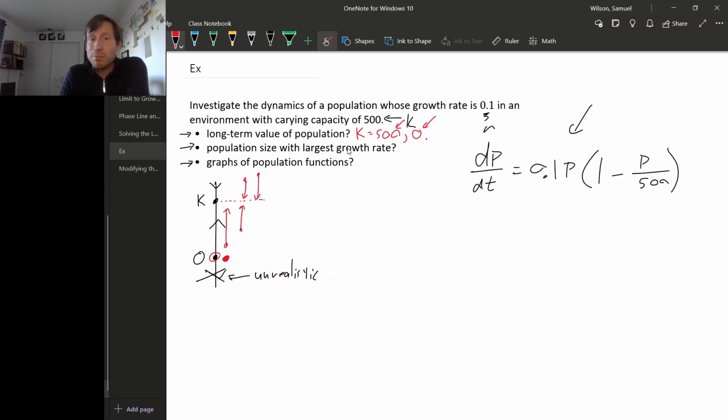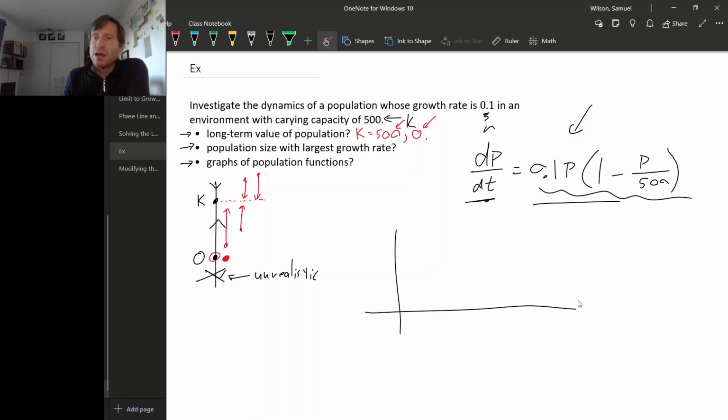All right, so what about the second question? What population size gives us the largest growth rate? Well, this differential equation gives us a way of looking at this growth rate as a function of population. This is a quadratic. It's opening down because the leading coefficient is negative.